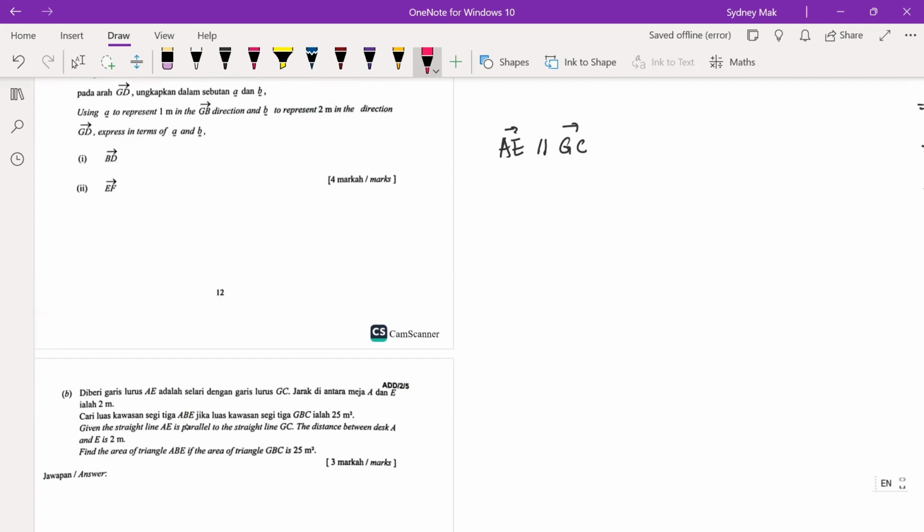Find the area of ABE if the area of GBC is 25. So the area of GBC is 25. We have to find the area of triangle ABE.